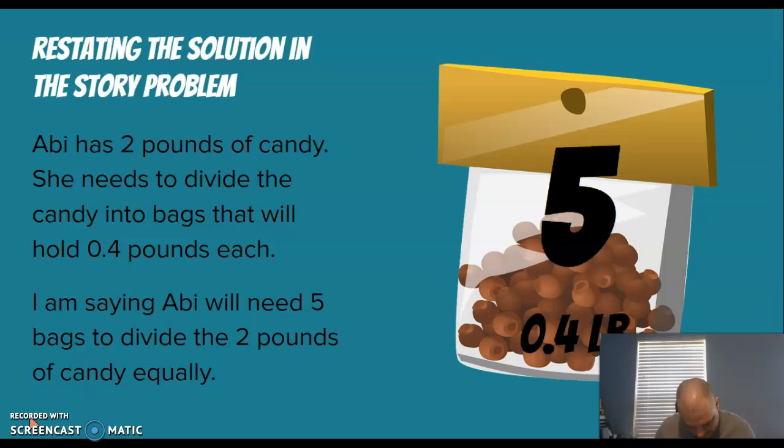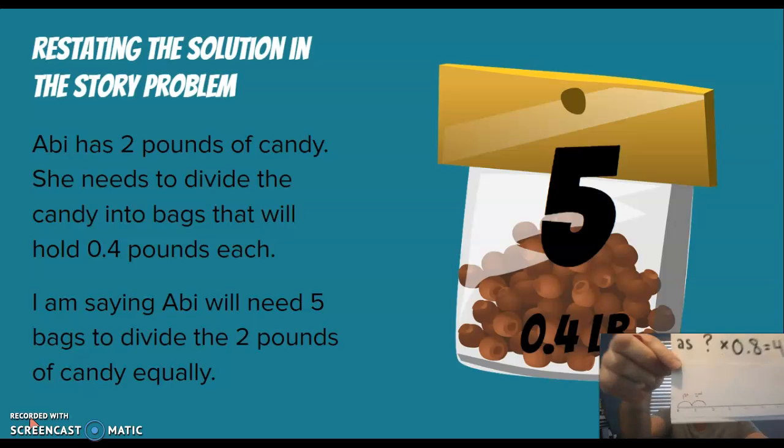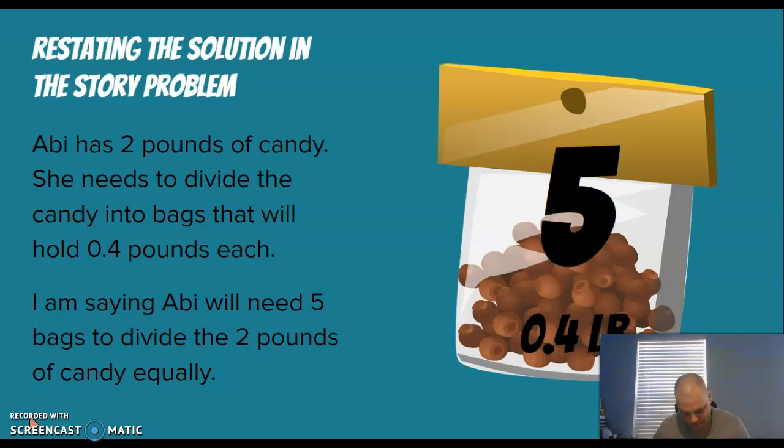Counting off again. This shows my second hop. And I know that 8/10 plus 8/10 is 1 6/10. So my next hop, again, is going to be 8/10.